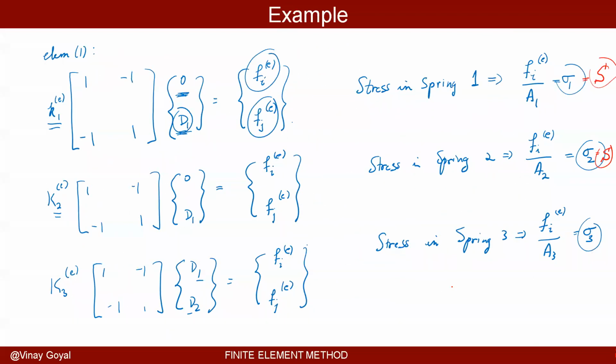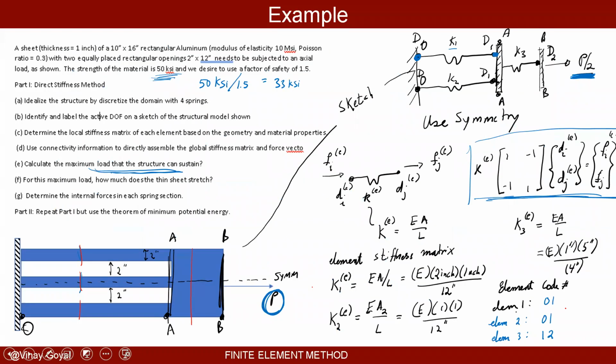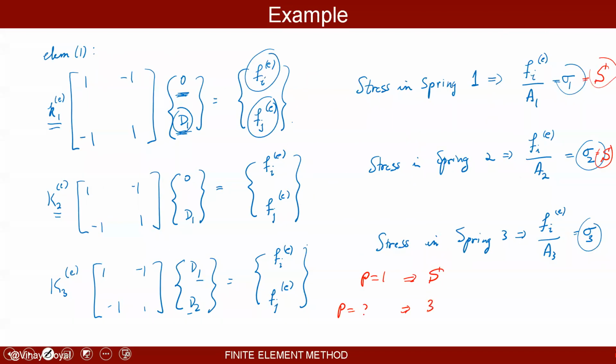So if for P equals 1 you get a stress of S, then what load is going to give you a stress of 33 KSI? You can scale that up. So 1 divided by S equals, and I can solve for P.